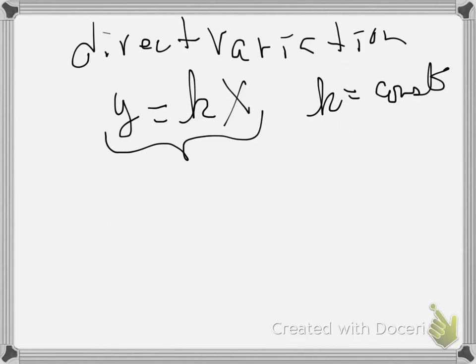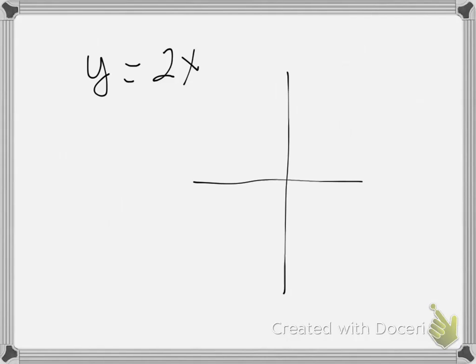Now, hopefully some of you are looking at this and saying, this is a line with the y-intercept equaling 0. Okay. Now, again, if we take a look at an example of this, let's say we had y equals 2x. And I've set up a table of values.